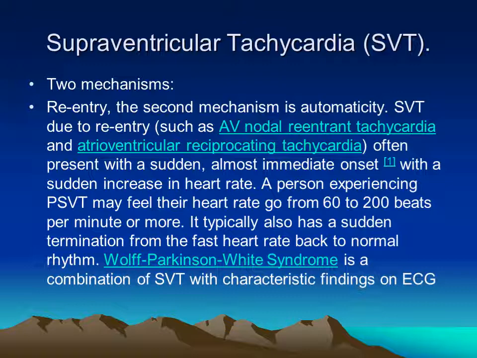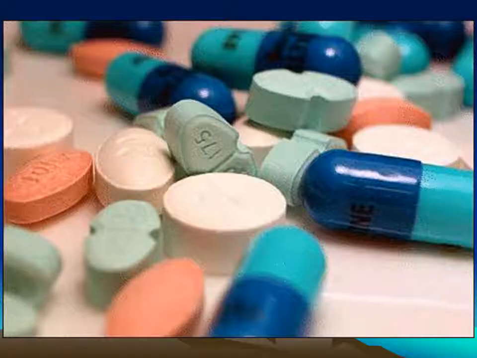Wolff-Parkinson-White syndrome is a combination of SVT with the characteristic findings on EKG. Although technically an SVT can be due to any supraventricular cause, the term is often used by clinicians to refer to one specific cause of SVT, namely paroxysmal supraventricular tachycardia.